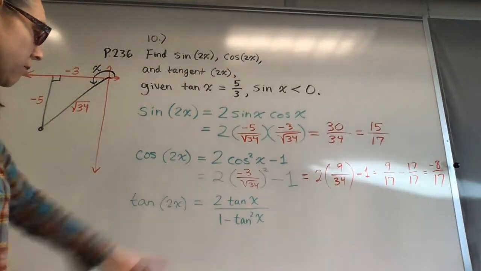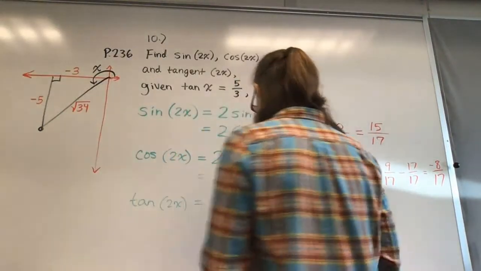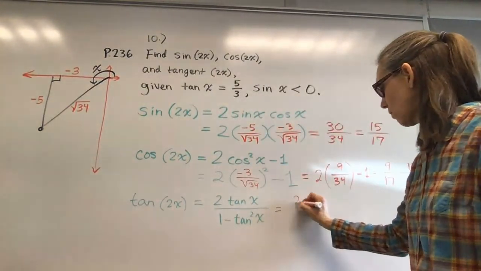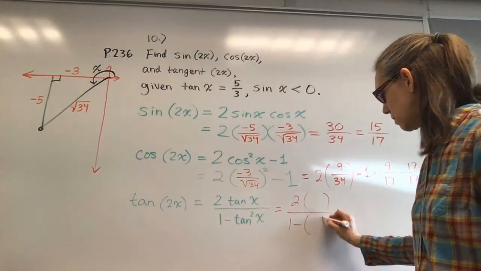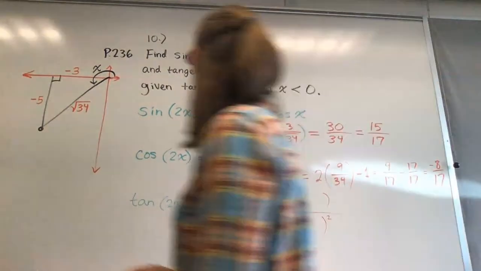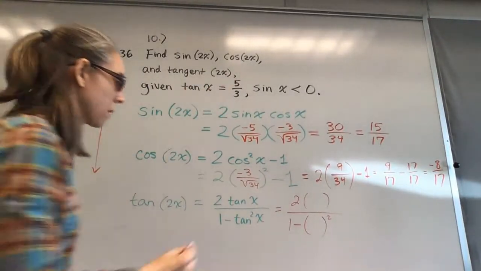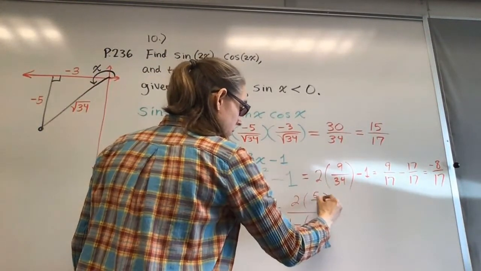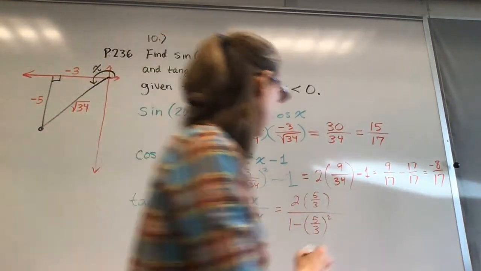All right, and now for this last part, we are going to replace tangent of x. The tangent of x is already given to us as 5 over 3. So this results in a complex fraction.